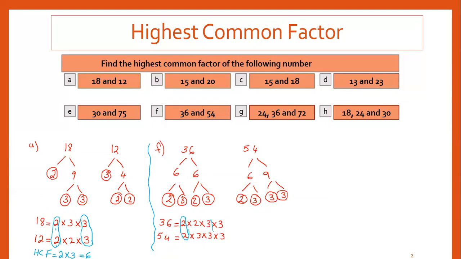I have a 3, and I have another 3. The highest common factor is the product of all the common prime factors, which is 2 times 3 times 3. That would be 2 times 3 equals 6, times 3 equals 18. So the highest common factor between 36 and 54 is 18.